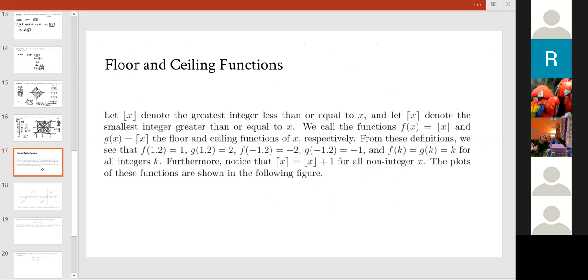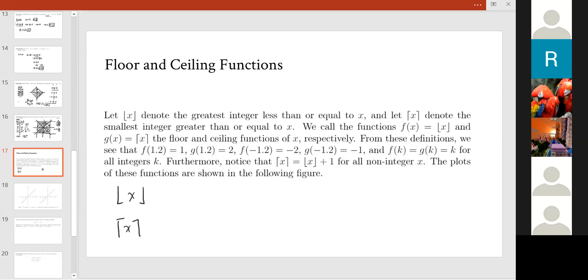Now we're going to move on to floor and ceiling functions. So we have the following functions. The floor of x, which is the greatest integer less than or equal to x. This is the ceiling of x, which is the smallest integer greater than or equal to x.